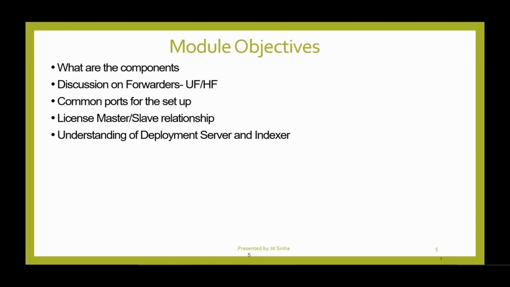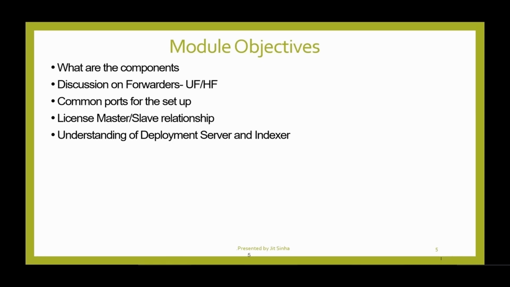The slave is your individual component. You can consider all your heavyweight forwarders and all your central servers as your slaves. And you will have one master, the license master, connected to all these servers, checking every hour how much data is getting consumed by each of the servers.